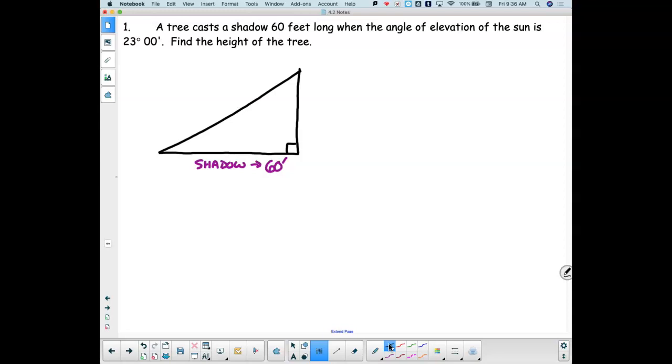So that means this one down here would be 23 degrees, 0 minutes, because my sun, if I were to follow along on this line, however many millions of miles away it is, I don't remember anymore.